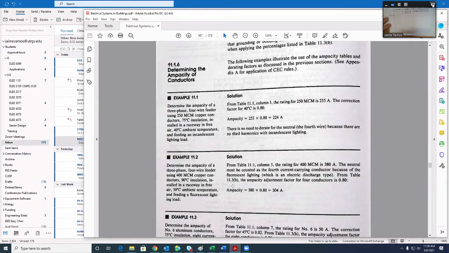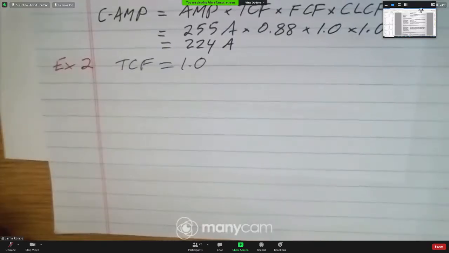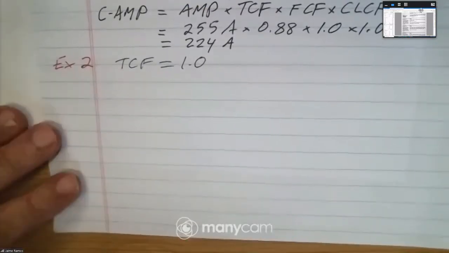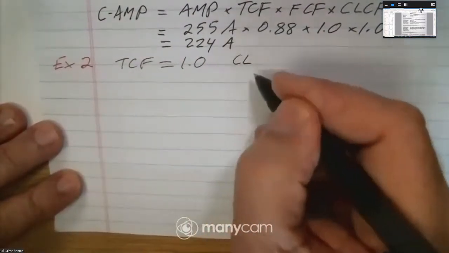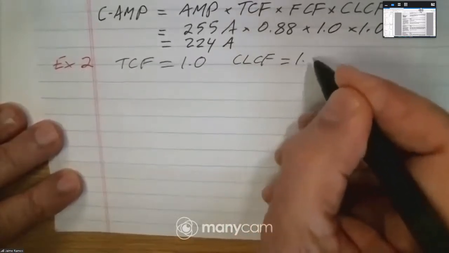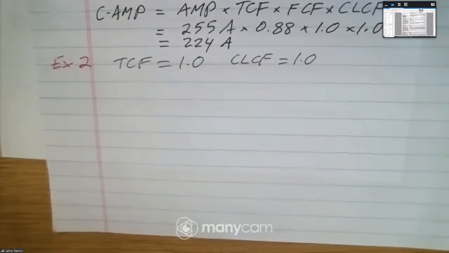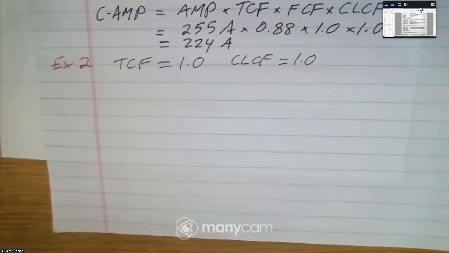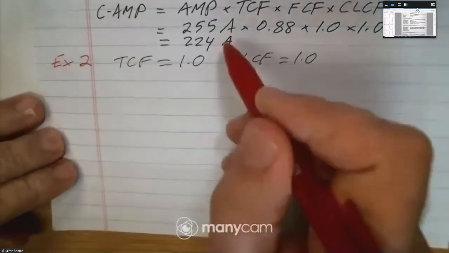We have temperature correction factor equals 1 because it's rated at 30 degrees ambient temperature. Continuous load correction factor is equal to 1. Okay, well, it's not here yet, but we will talk about that later. We don't need this yet, okay?